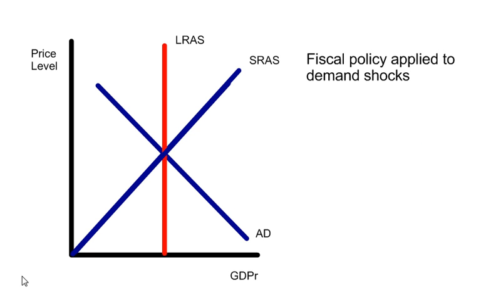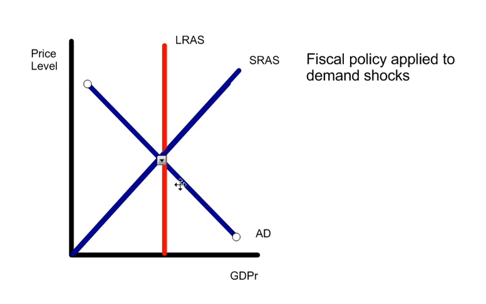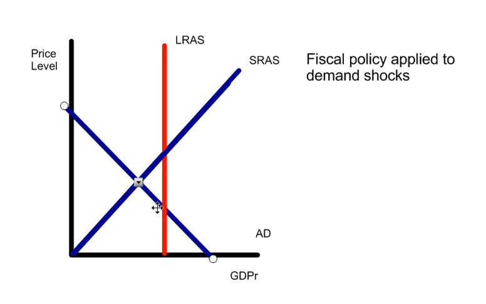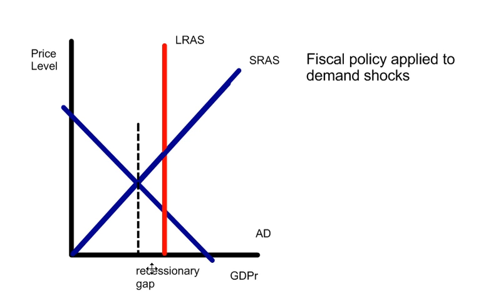If on the other hand you have a negative demand shock, then aggregate demand would shift to the left, the price level would drop. However, you would have a decrease in output, which would cause a decrease in employment and an increase in unemployment, and that gap is a recessionary gap.